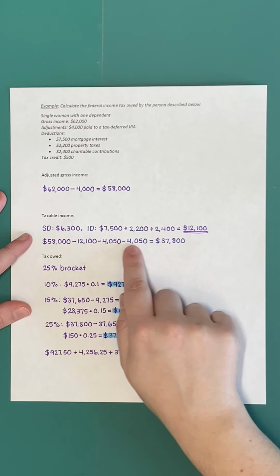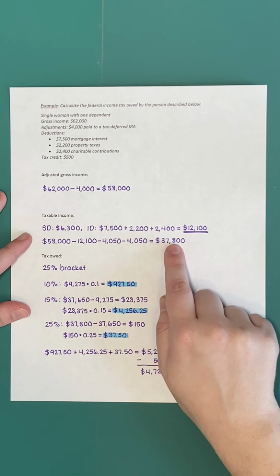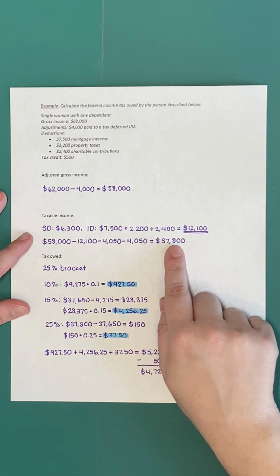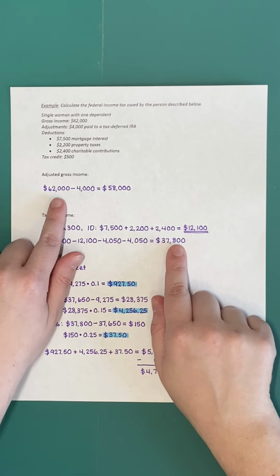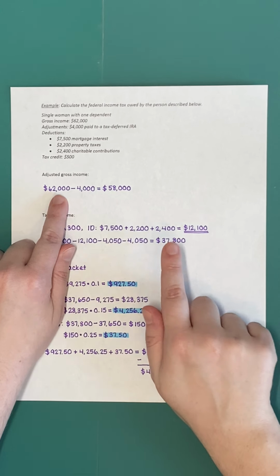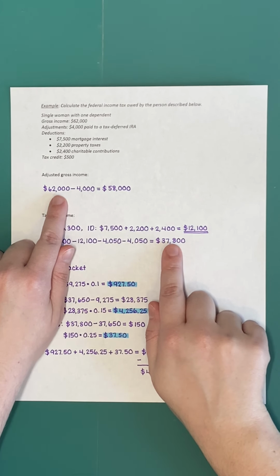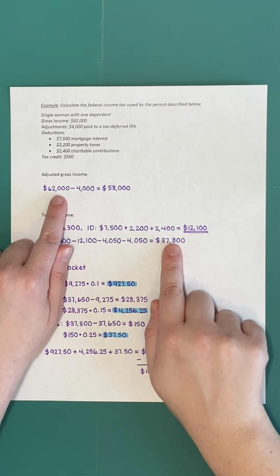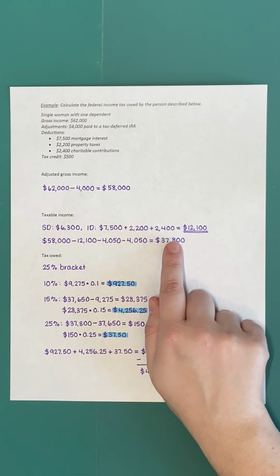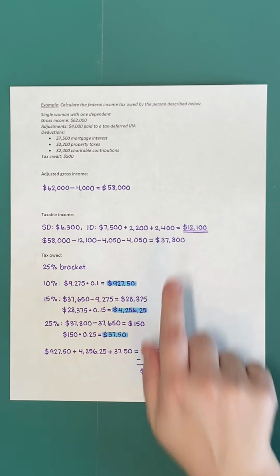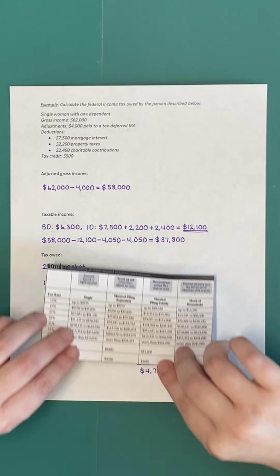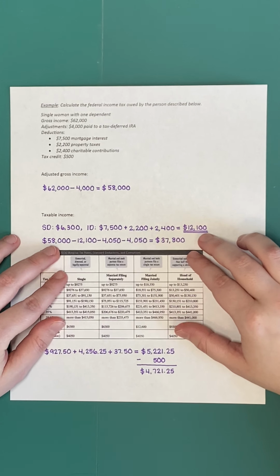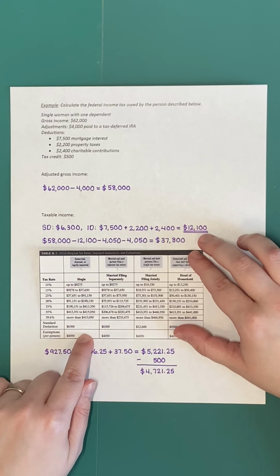So our taxable income is then going to be $37,800. So again, for the government's purposes, she made a total of $62,000, but this is the only portion of that income that they're actually taxing, that she's actually going to have to pay taxes on. Okay, so that is going to tell us what her tax bracket is. It's going to tell us how we're going to layer her taxes. So she is single, so we're looking at the single rates.